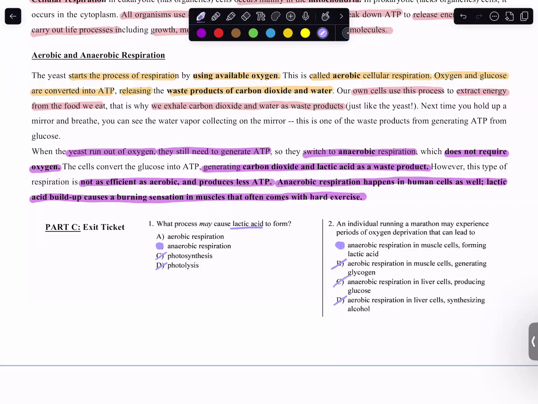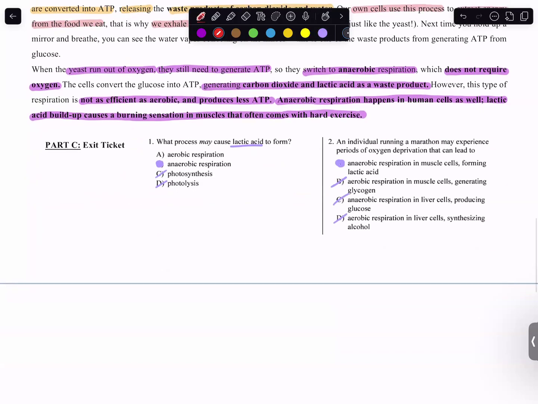Okay, and then I am going to give us some small notes before we head out, just to wrap this up. So aerobic cellular respiration, I'm just going to put CR. We have oxygen, so O2 plus glucose.